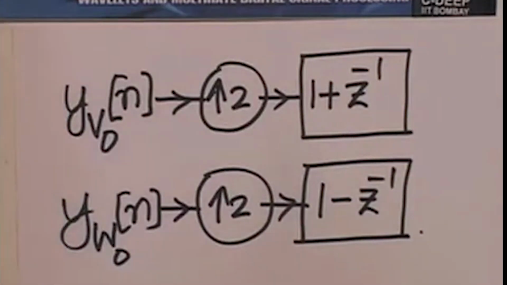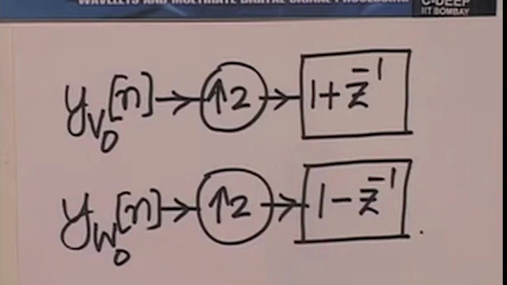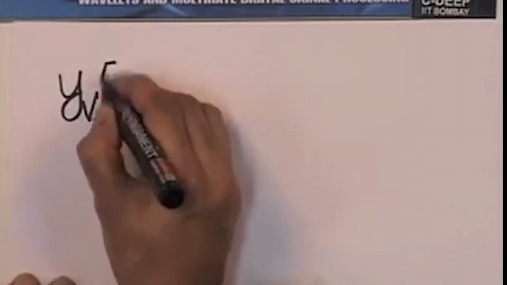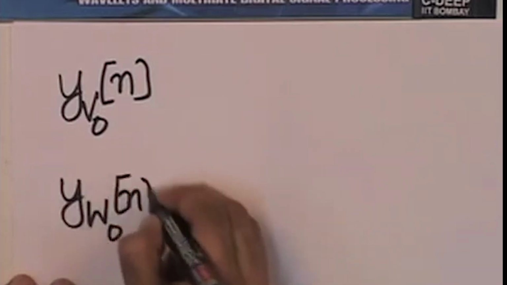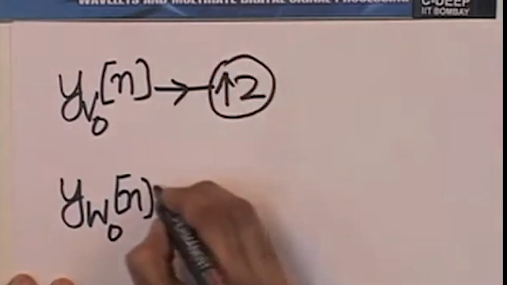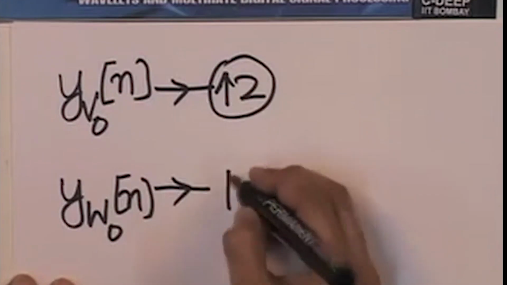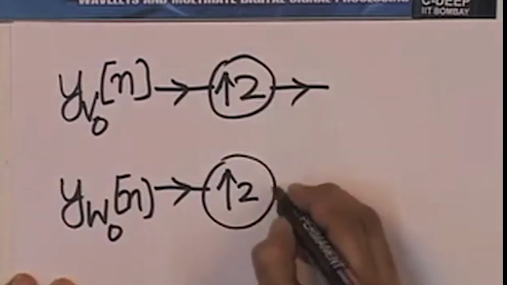Well, I think it might be easier for us. I think maybe it will be a little difficult to see this directly. Let me instead put it down as an operation of addition and subtraction directly. Let me make a little change in this. Let me say instead I have y V0 n and y W0 n here. I upsample them, and I add and subtract.